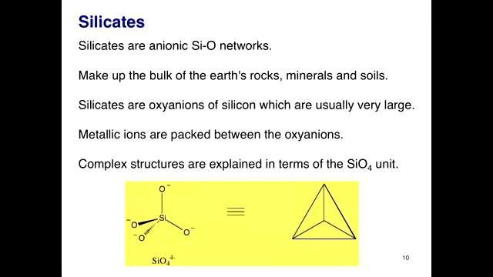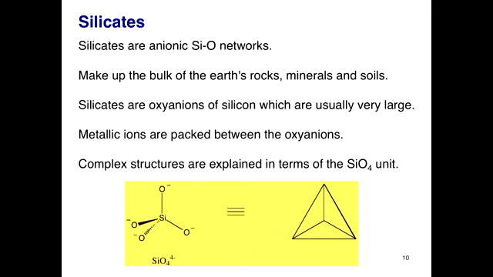Okay, so what we're going to do is talk about silicates. So if we add ATE to the end, that's telling us this is an anionic system. And we're going to look at the way that we can take silicon surrounded by 4 oxygens and link them together to make different structures. Now these are really important because they make up the bulk of the Earth's rocks and minerals in the crust.